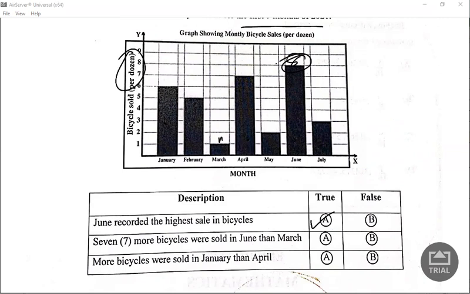So this is 1 dozen, and this is 8 dozen. So it is actually false. More bicycles were sold in January than in April. So here we have January, and here we have April. Actually, more were sold in April.